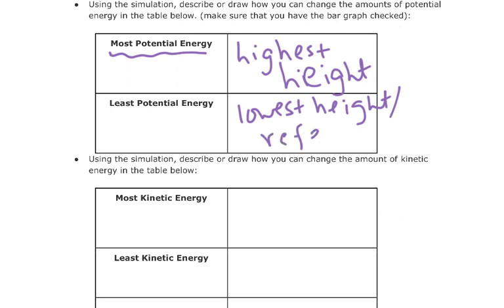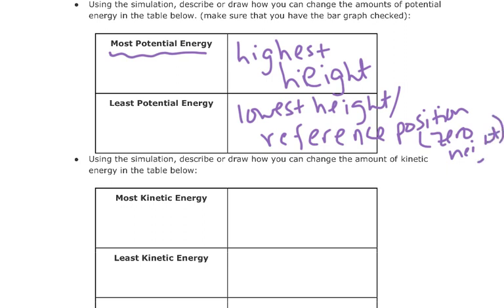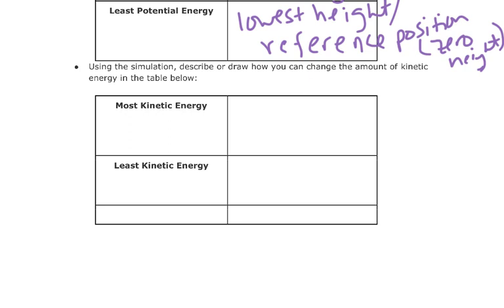That's our 0. We're going to be talking a lot about a reference point or a reference position, because that's really important. Things can have gravitational potential energy, which we'll talk a little bit more about, relative to the floor if it's sitting on a desk, but relative to the desk itself, it wouldn't have any potential energy. So we'll talk about that when we get there.